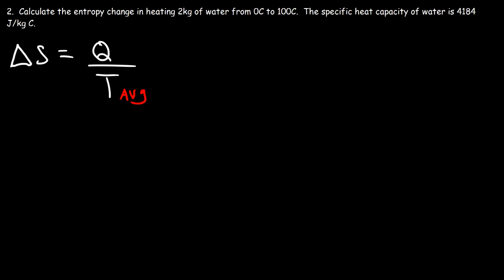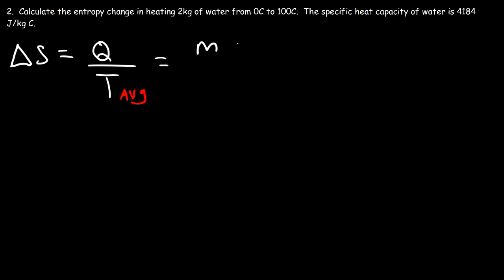In the last example, when ice melts or when water freezes, the temperature is a constant 0 degrees Celsius or 273 Kelvin. In this case, the temperature changes from 0 to 100, so we need to use an average temperature. Now, the amount of heat energy that's required to heat up water, we can use this equation to calculate it.